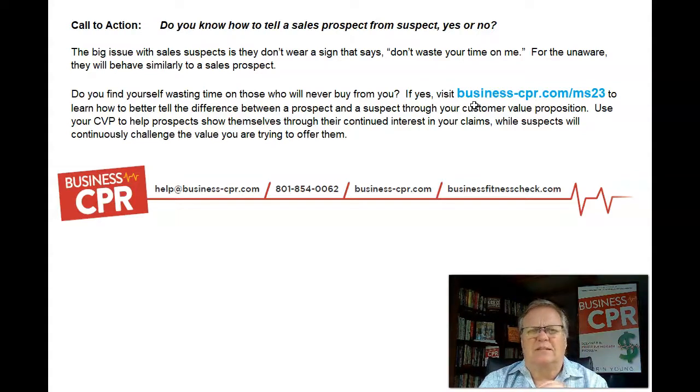Whereas suspects will constantly push back and challenge, not because they're interested in peeling away what they're not understanding. They just do that as a way to deflect from having to make a decision. And so they will just waste time. That's just what this is all about.